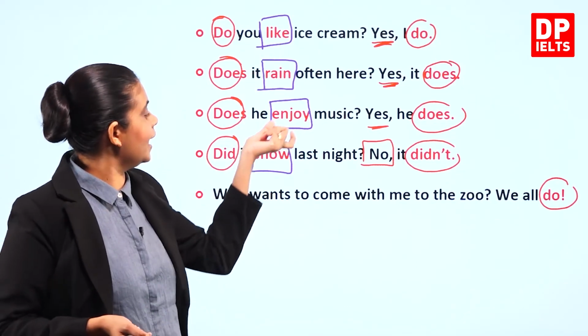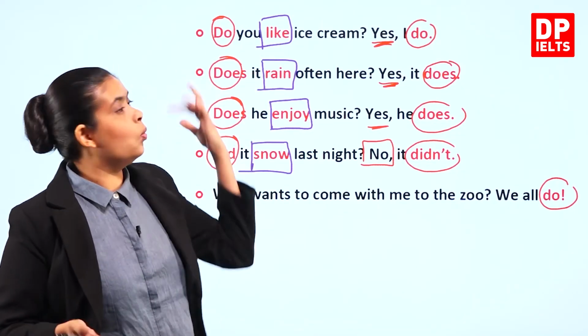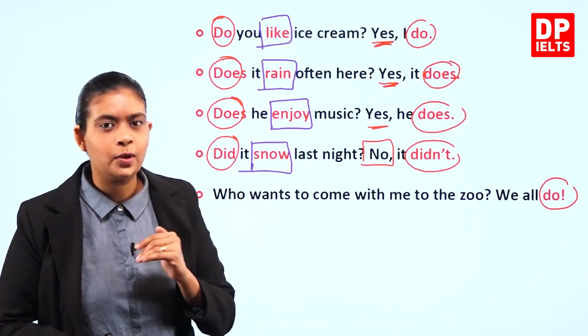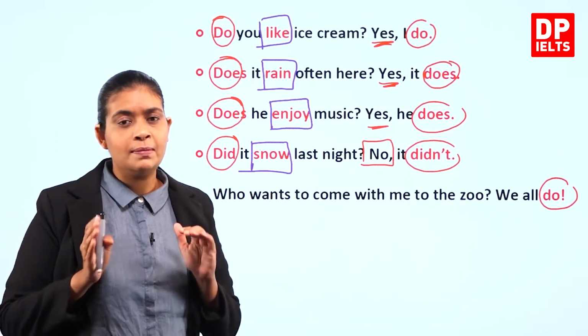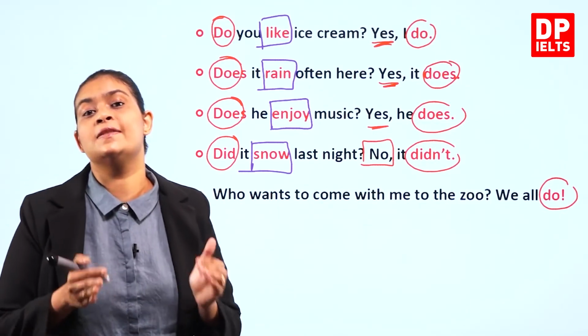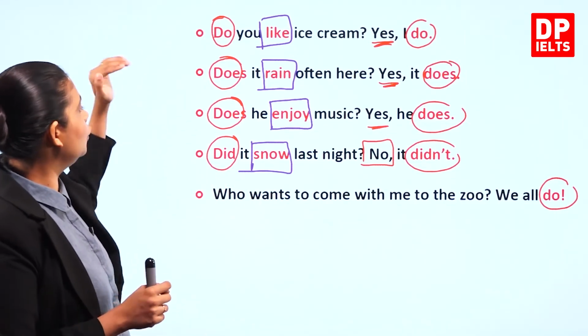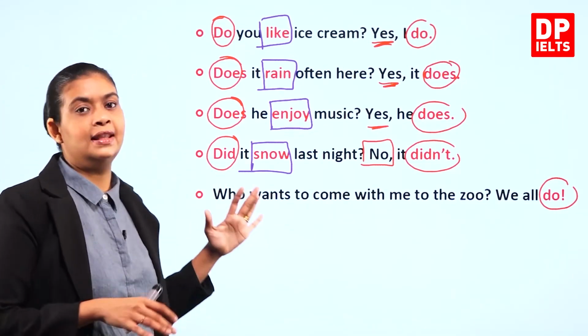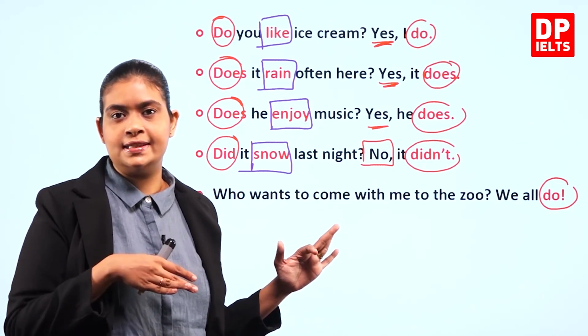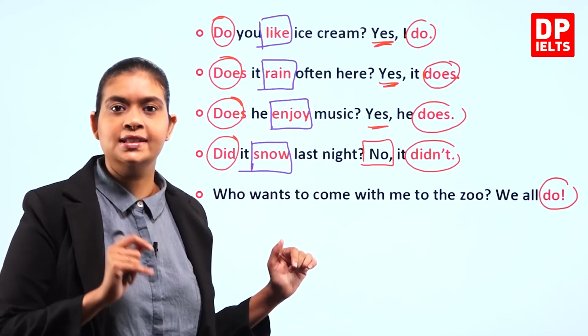Like rain, enjoy, snow. When you have a do or a does question tag, remember the main verb remains in the base form because do and does are only helping verbs and those sentences are in the present tense.